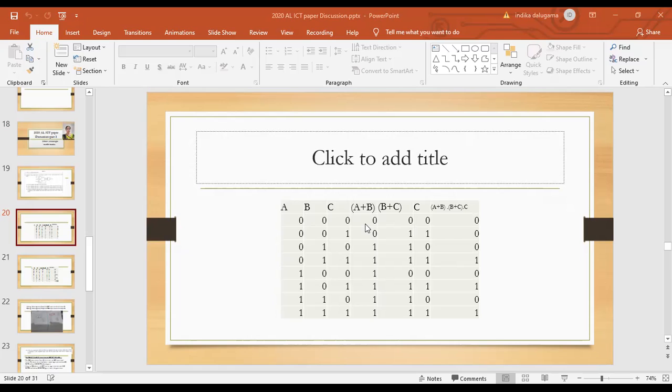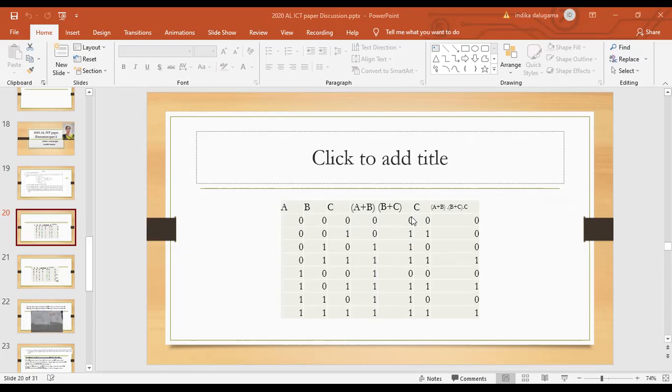You can consider here A plus B. As you know, 0 plus 0 is 0. Like that, you can take it: 0, 0, 1, 1, 1, 1, 1, 1.